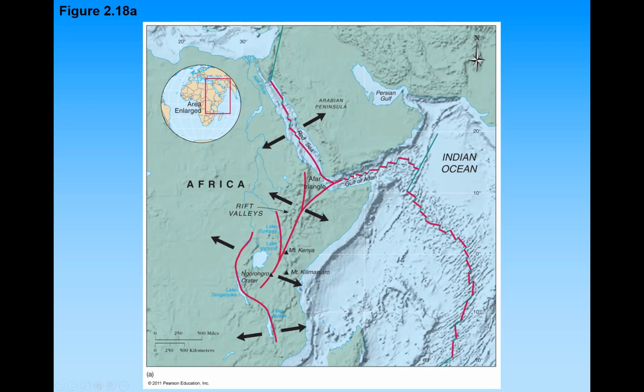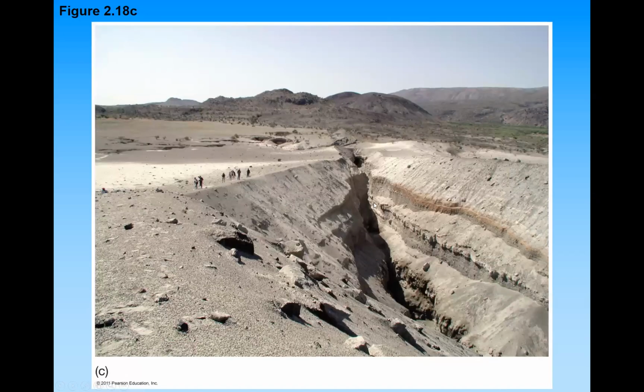You can see all along this rift evidence for continuous seafloor spreading because of the existence of transform faults that run at roughly right angles to the rift. And here is a picture of the Rift Valley in Ethiopia, and you can see this deep crevice opening up in the ground.